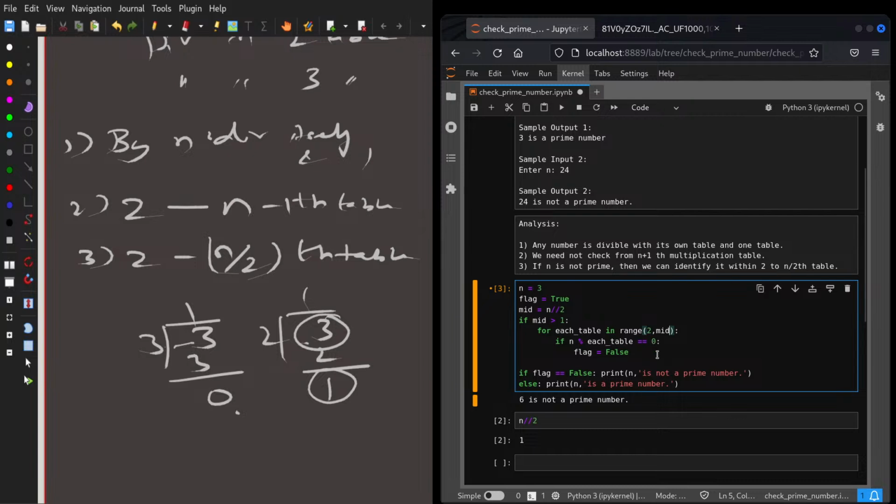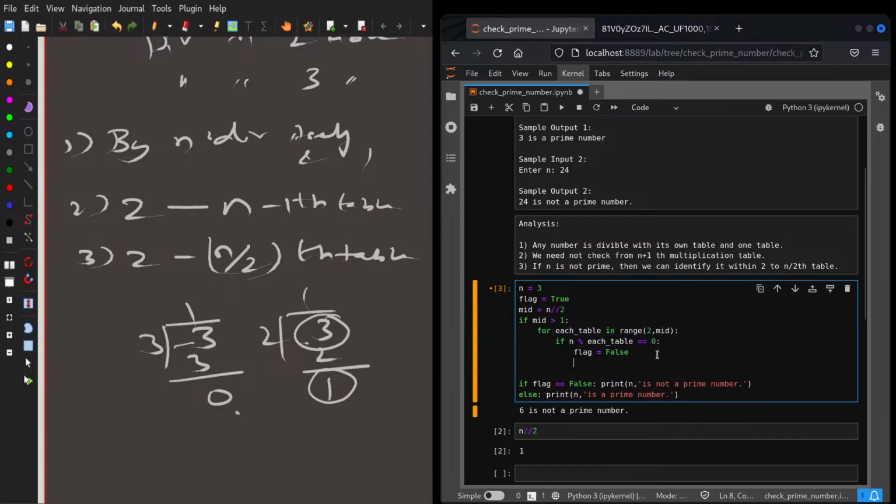So in case we are not proceeding forward, how do we identify in case of 3? We have to write an else part. Oh, sorry, no problem.